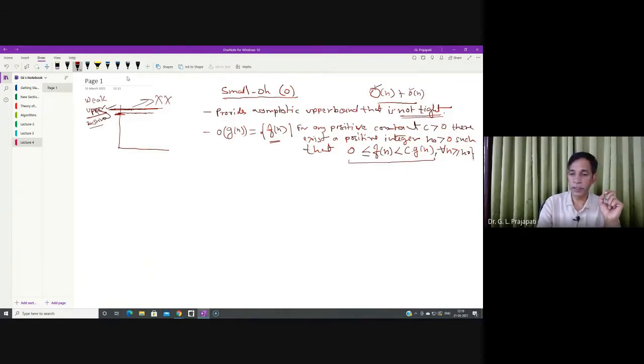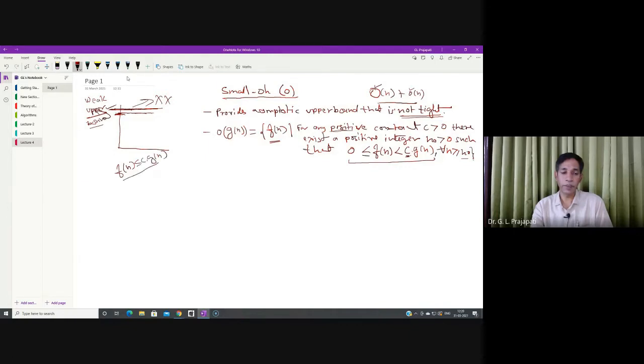You notice that instead of less than or equal to, we have just used the less than sign, and the other difference is for any positive constant. In the case of the big O notation, we have mentioned that there exist positive constants c and n0. It means if you can determine some positive constants c and n0 for which your relationship holds true, which is f of n is less than or equal to c into g of n.